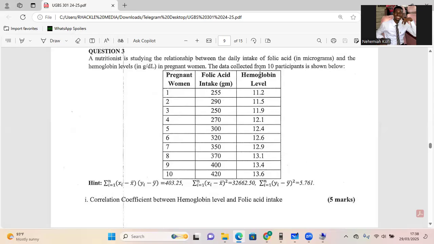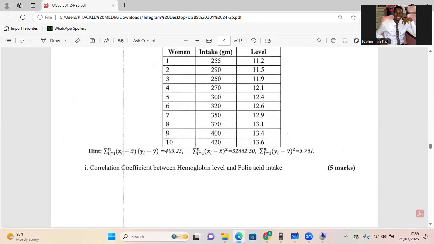The data collected from 10 participants is shown below, right? The folic acid 255, whatever, up to here. The hemoglobin level is this up to here, right?